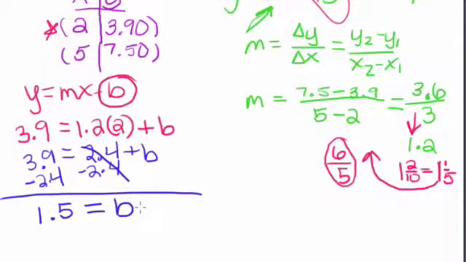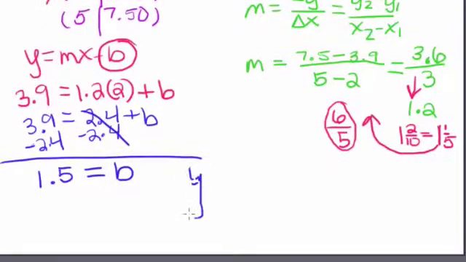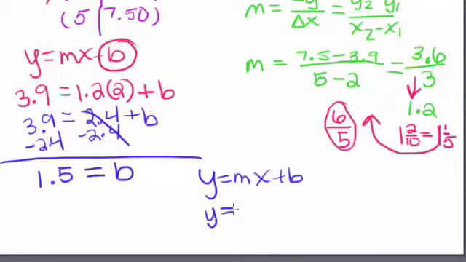So if we put these back together, in this y equals mx plus b format, we say y equals m, well that was 6/5, 6/5 x plus b. We just figured that out. That is 1.5.